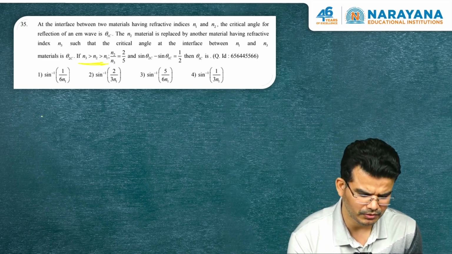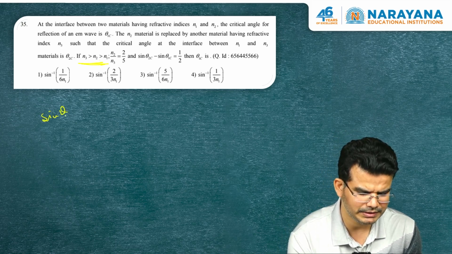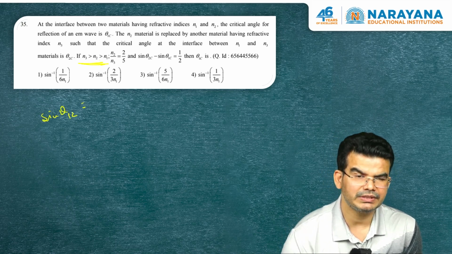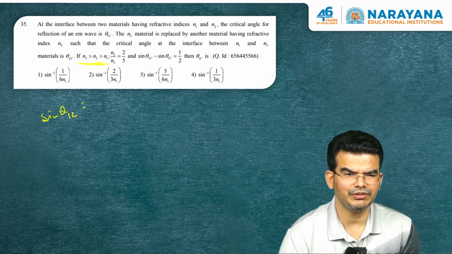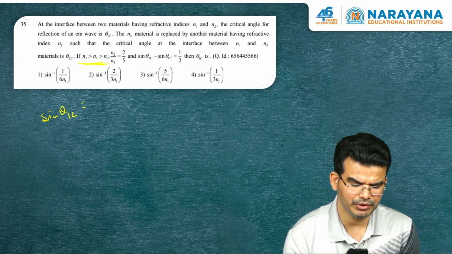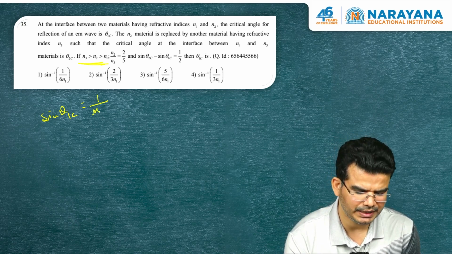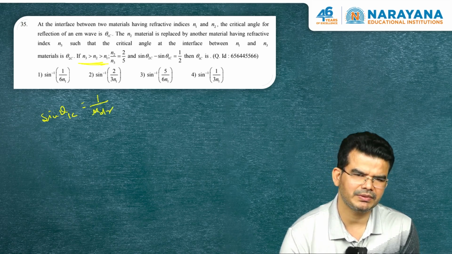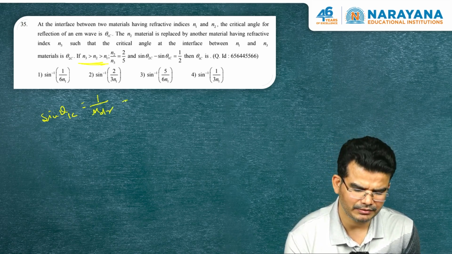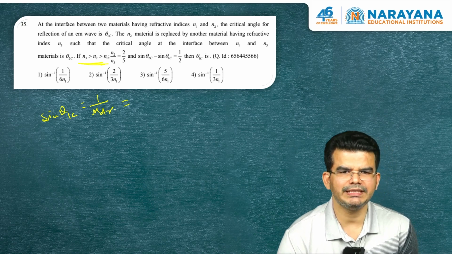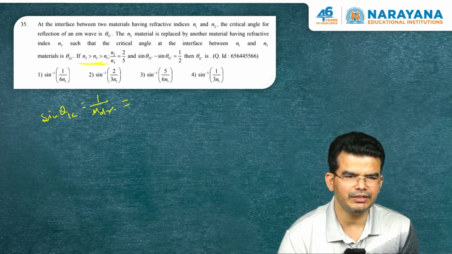So first of all, what is sin theta 1c? You know sin theta c equals 1 by mu. What was mu here? Mu of denser with respect to rarer. This was a very basic idea. So right now here, suppose the media are N1 and N2. You can see N2 is greater than N1.